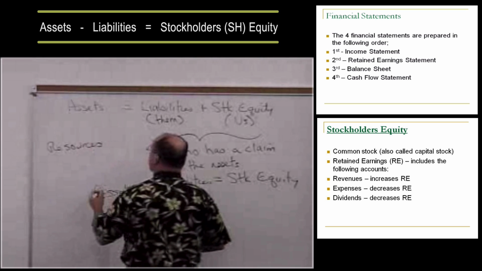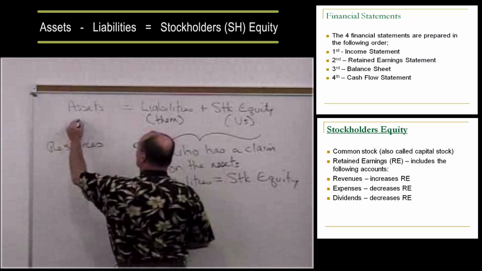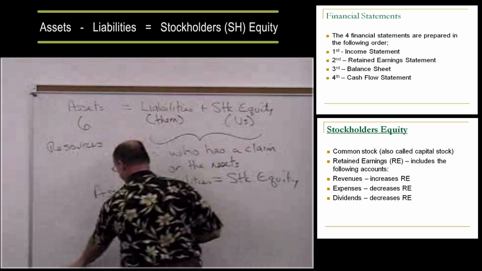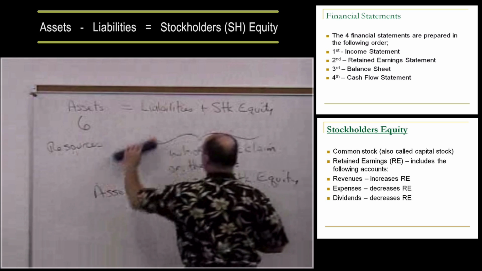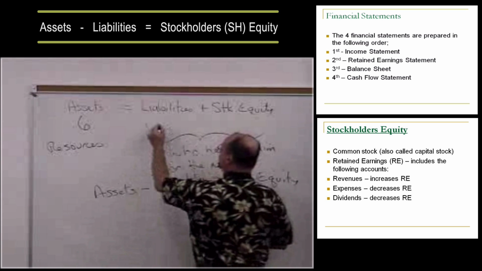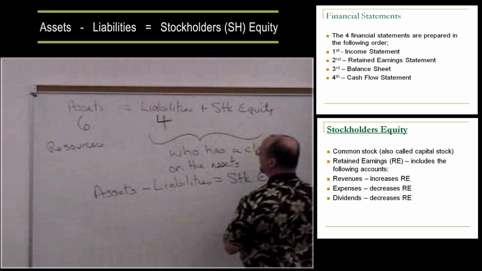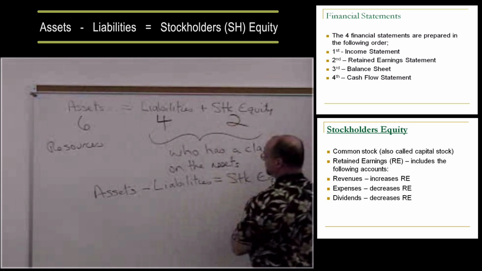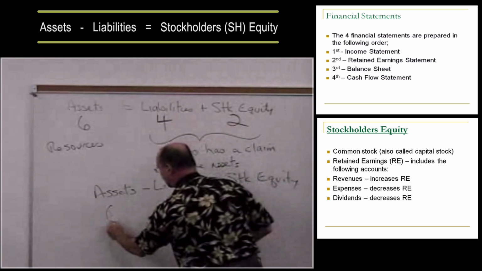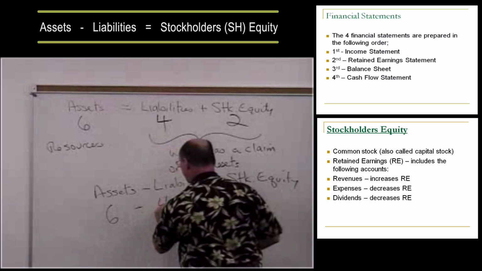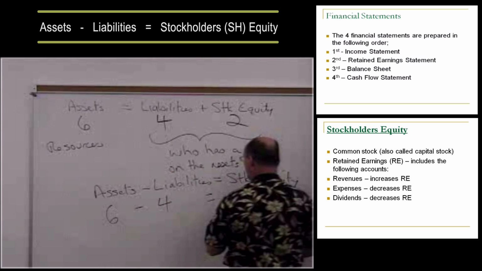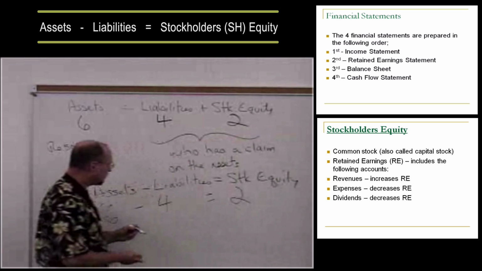Okay? If assets were 6 and liabilities were 4, equity would be 2. Assets of 6 minus liabilities of 4 equals stockholders' equity of 2.